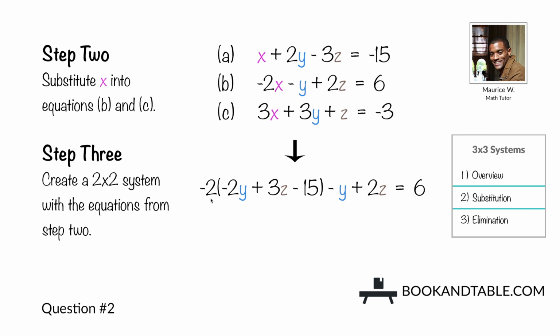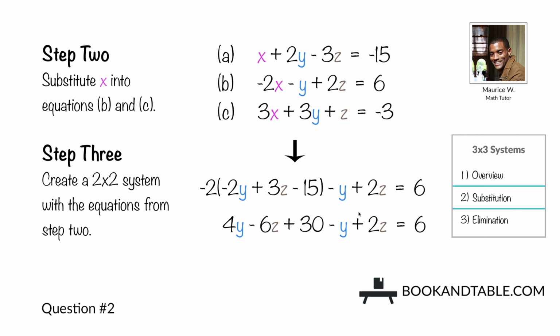We'll distribute the negative 2 to each of these terms inside of the parentheses, giving us negative 2 times negative 2y, which would be positive 4y. Negative 2 times positive 3z is negative 6z. And negative 2 times negative 15 is positive 30.